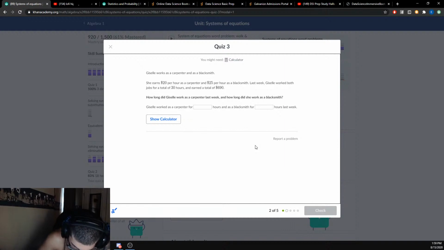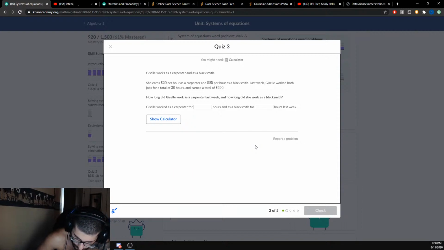So it's going to be 20 times 30, 600, minus 20y plus 25y equals 690. 690 minus 600 equals 90. That equals 5y equals 90, divided by 5, y equals 18.